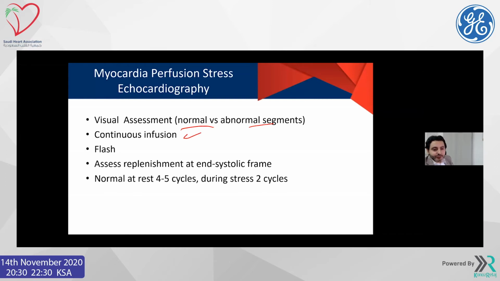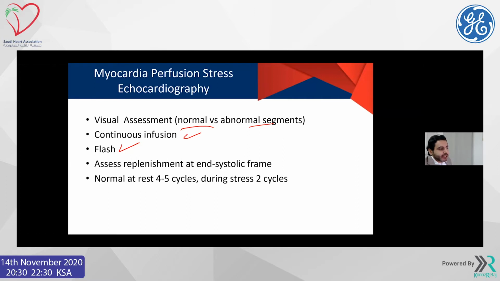You need to have software ready with a function called Flash. Flash is a brief burst, maybe 5 to 15 frames, of high mechanical index. The reason Flash is used is to destroy all the microbubbles. You don't need any bubbles, and then you start counting the replenishment rate of the myocardium.